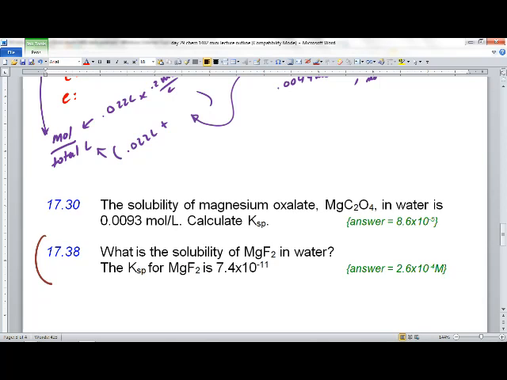Okay, does everybody agree? Write the Ksp reaction and then do ICE, and you're done. Is there anything to put in the initial row? How about 30? And calculate the Ksp.